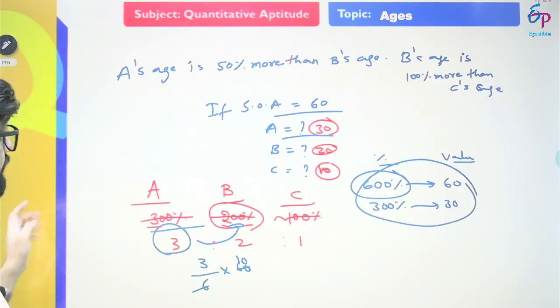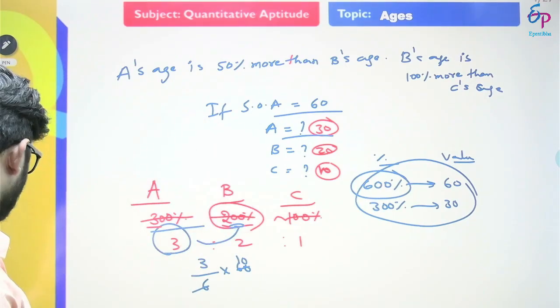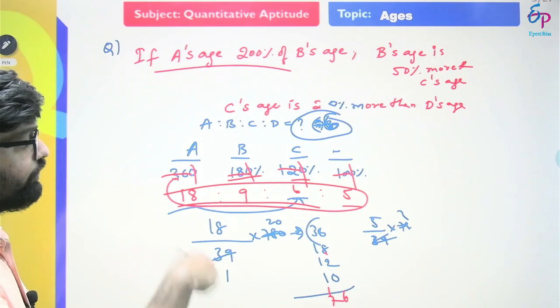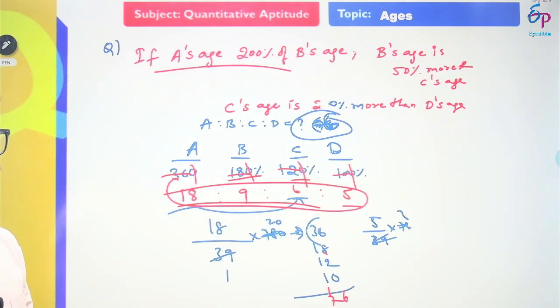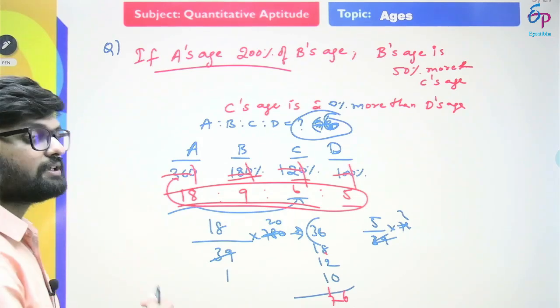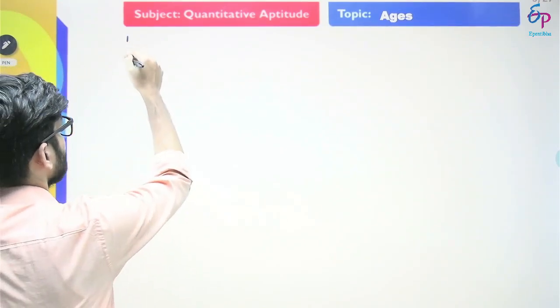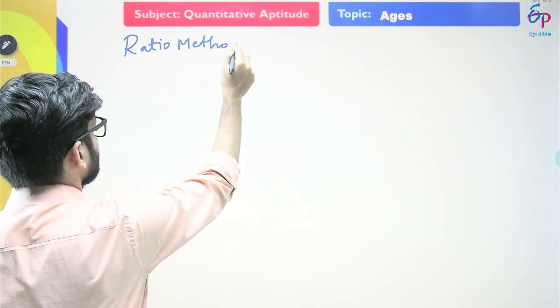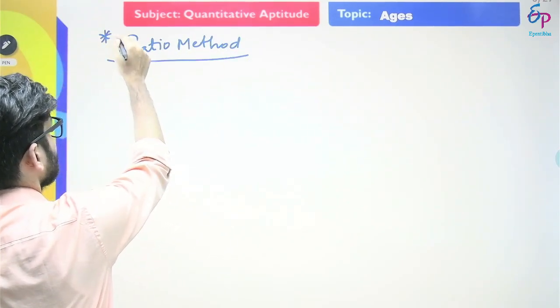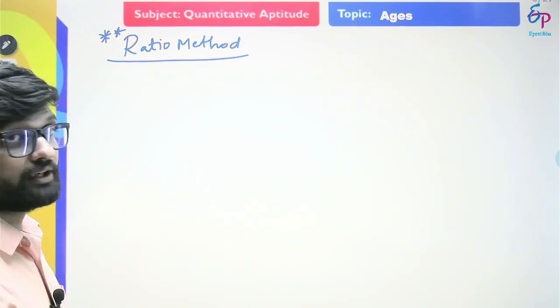Here the same thing, the relation between A, B, C, D, and you can get the answer. Once we see the questions, you will understand more. But the ratio methods are very, very important. Ratio method is the examiner's favorite. Maybe they will also give percentage, but ratio method they will definitely give.